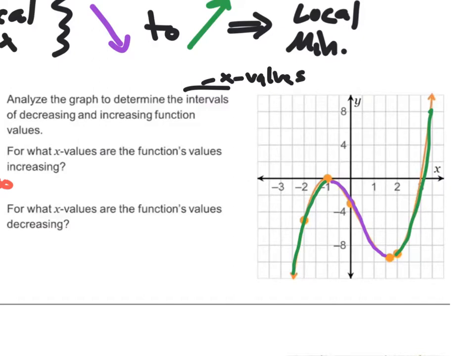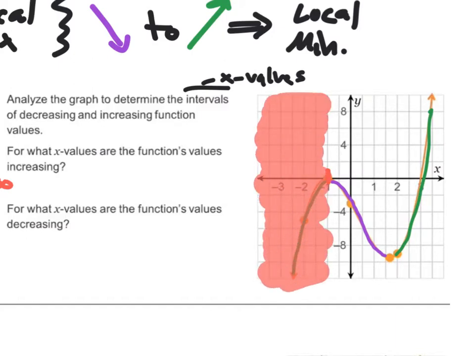So I'm going to use red to show my x value. Where are we increasing? So where is the graph green? I'm going to use the shading tool for this, I think that kind of helps. I'm thinking over the interval between negative infinity and negative 1 is where we're increasing.